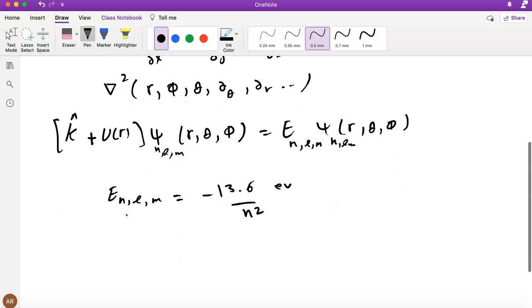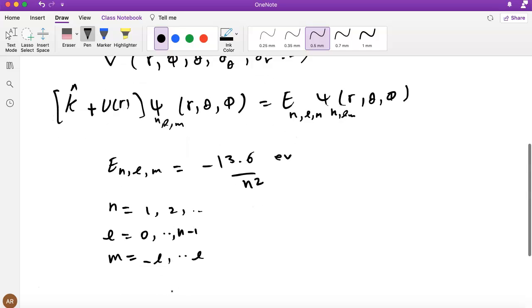Then we have these other quantum numbers related to the angular momentum of the wave function. n can take the values 1, 2, 3, etc. L can be 0 to n minus 1. And m for each L runs from minus L to plus L.